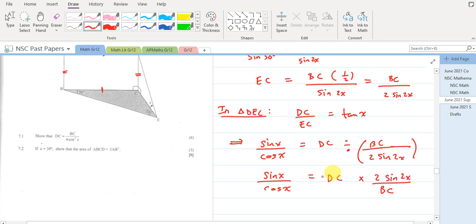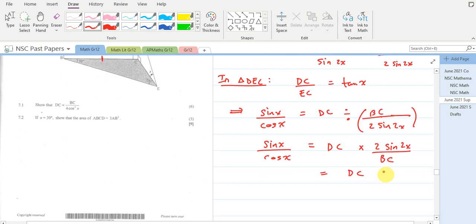So we want CD on this side and take everything over, right? So we want DC on this side, so I can multiply this with sine x, so sine x times BC all over 2 sine 2x.